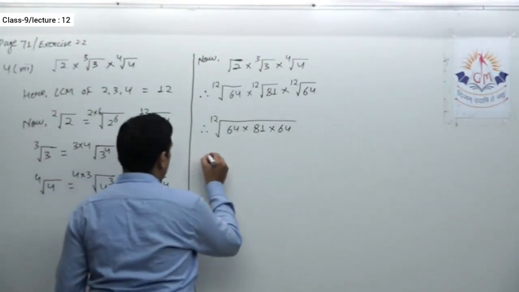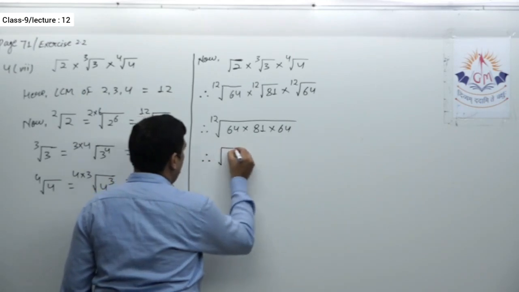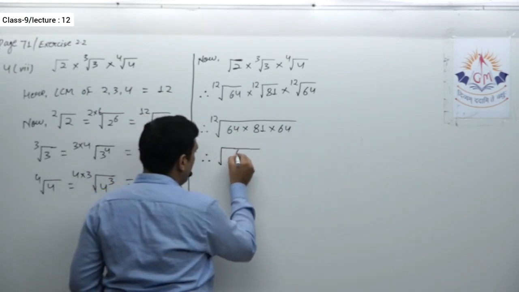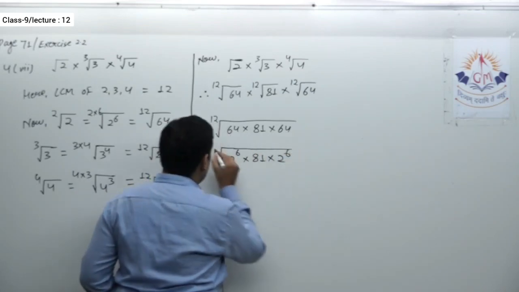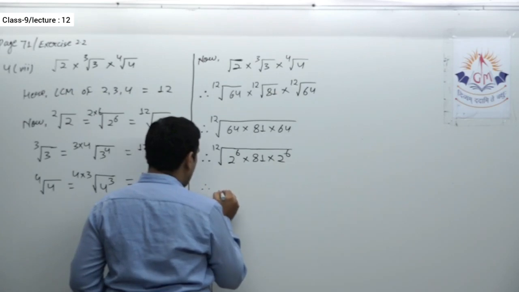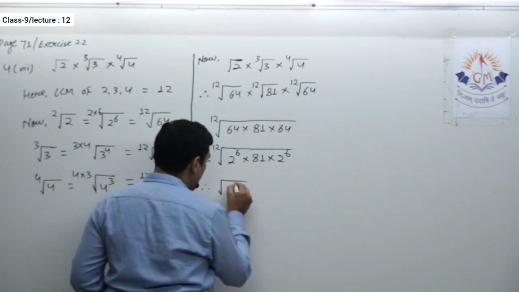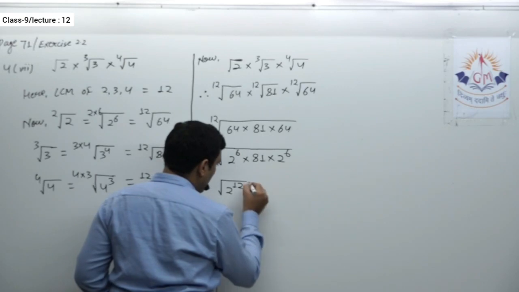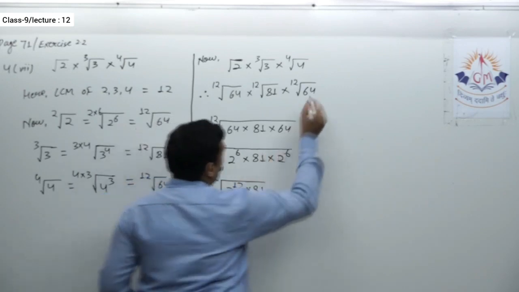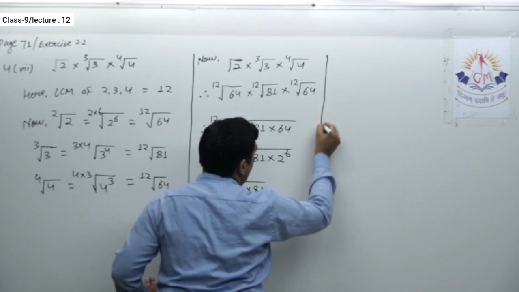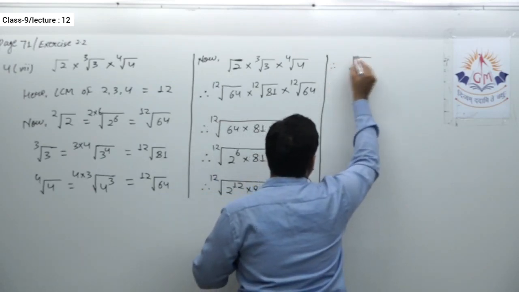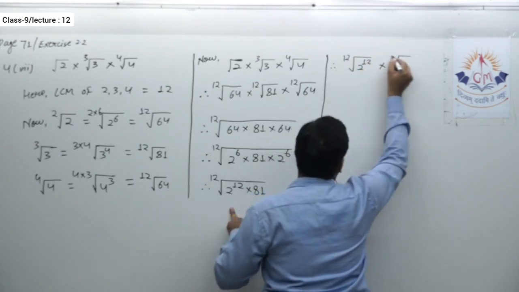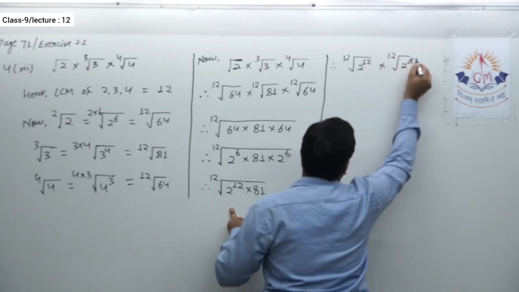Okay, so here see, it is possible to simplify it further. This 64 is actually 2 raised to 6. This 81 remains as it is. This 64 is again 2 raised to 6, under the 12th root. So this can be expressed as 2 raised to 12 into 81, and here it is the 12th root. Now if I write it this way, 12th root of 2 raised to 12 multiplied by 12th root of 81.